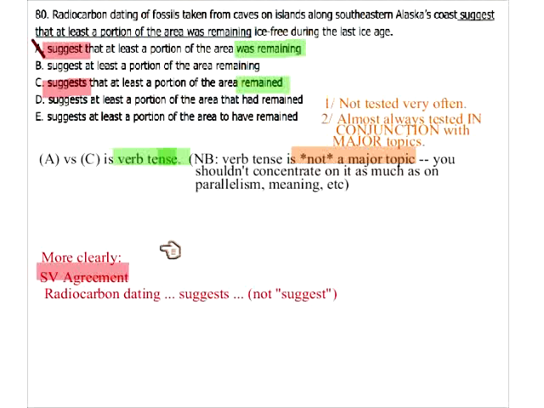Okay, still a little confused with the idea versus noun. When you first read the sentence, the meaning that the sentence suggests to you should be that when they looked at these fossils, they figured out that parts of the coast didn't have ice. Because it's the radiocarbon dating that suggests that.